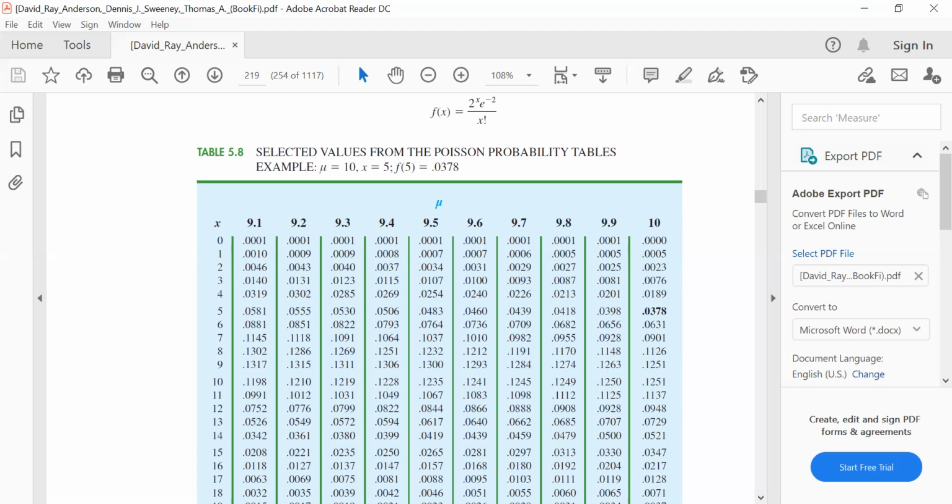So we come down, look at the column of 10 and from x equal to 5 we see the value of 0.0378 as the bold value. This is our probability value.